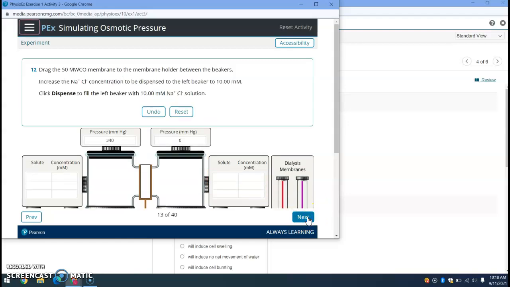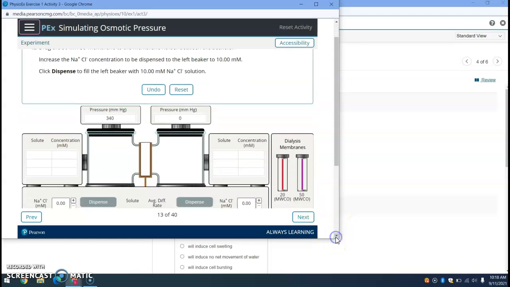We already flushed. Now drag the 50 molecular weight membrane. So the 20 molecular weight membrane means that it would allow smaller particles through the membrane. 50 means that it will allow larger particles through the membrane.